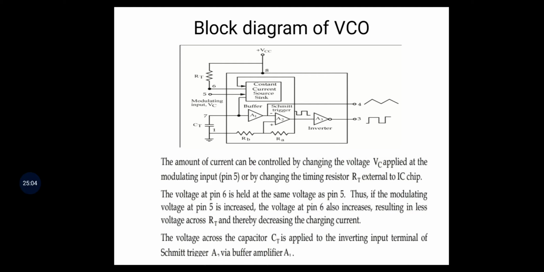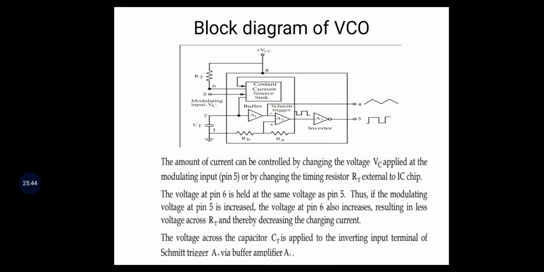The voltage at pin 6 is held at the same voltage as pin 5. If the modulating voltage at pin 5 is increased, the voltage at pin 6 increases, resulting in less voltage across RT and thereby decreasing the charging current.